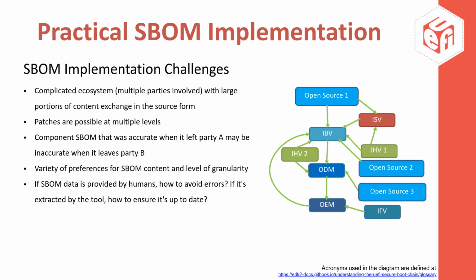For example, you may have gotten your SBOM for an open source component that you're using, and it was accurate when party A received it, but when it goes to party B, it may no longer be accurate because party A may have modified something or made some changes.